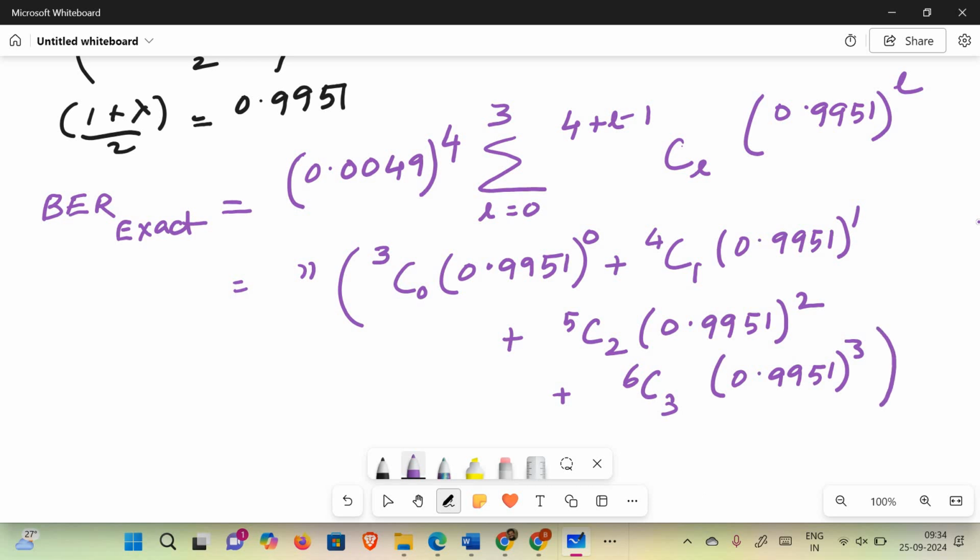So these are the terms associated with the summation part, and when you include that factor of 0.9951 onto it.